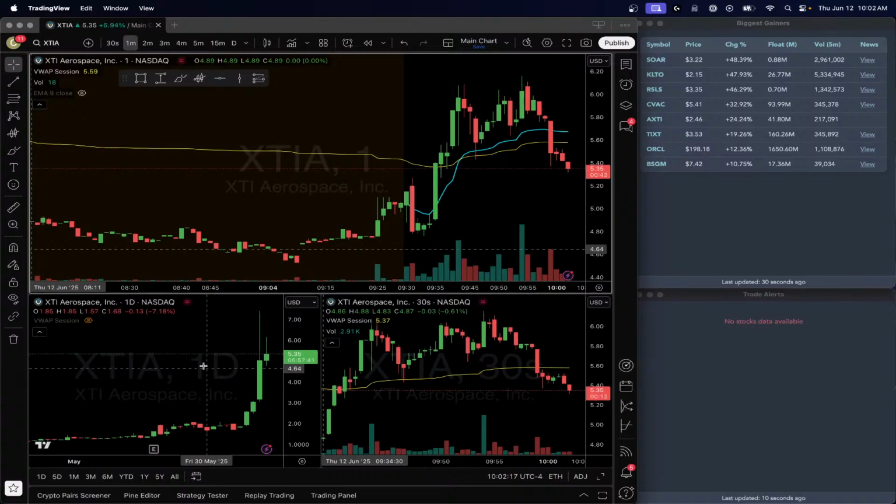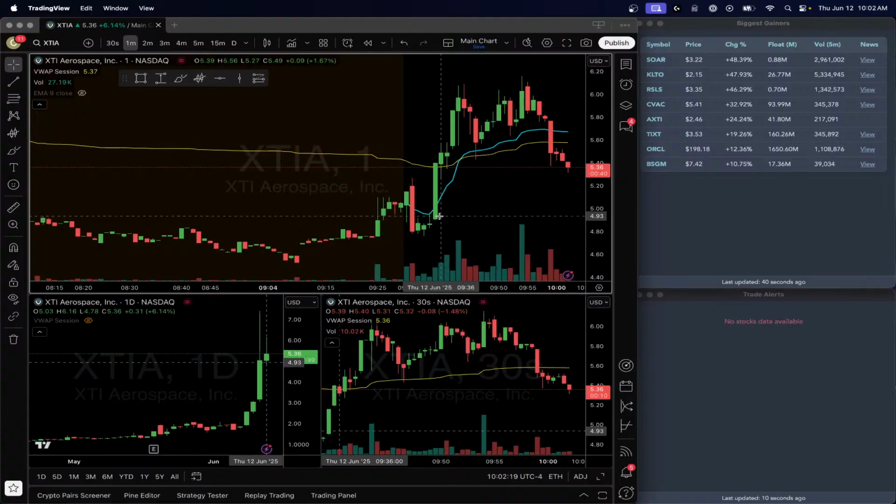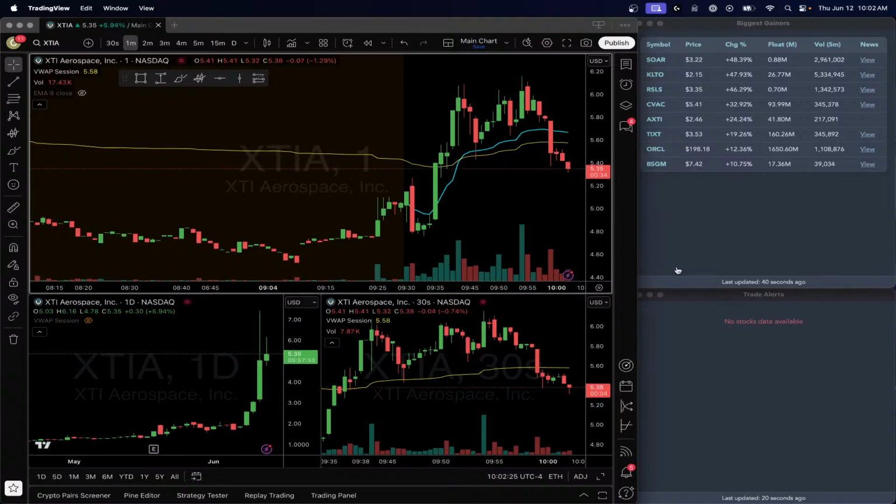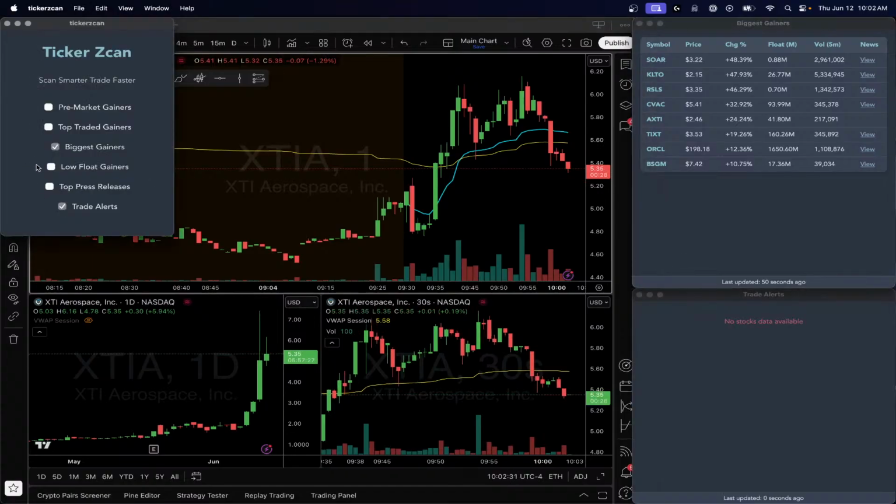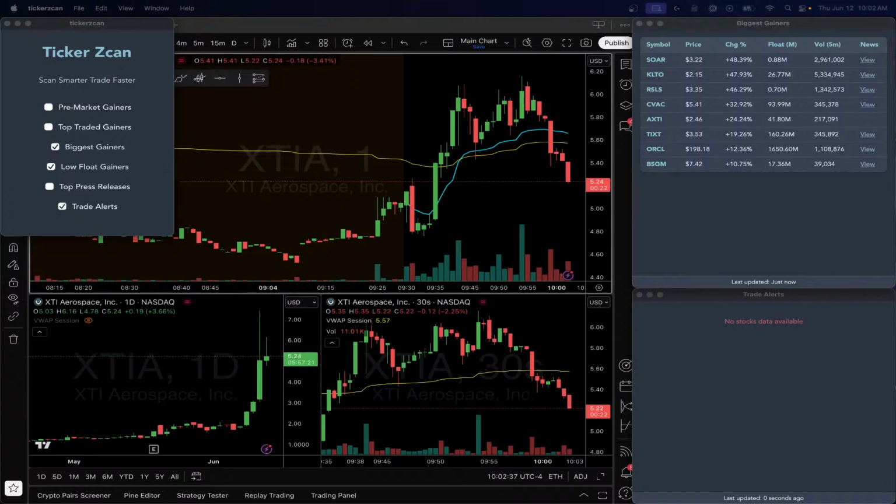Some of these you can actually look at, the biggest gainers here, and look at these low floats. Let's bring up the low floats and see what we got here. If we bring up the low float gainers, I'll drag it over from the other window.